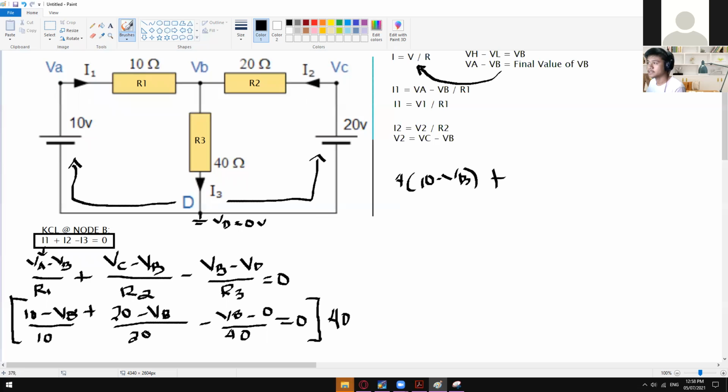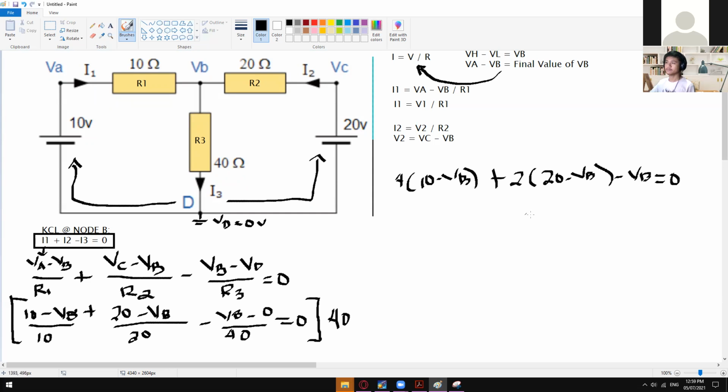In here, 40 divided by 20 is 2, so it's multiplied to 2, 2 times (20 minus VB), minus. 40 divided by 40 is 1, or it will just simply cancel, so it will retain as VB. VB is equal to 0.